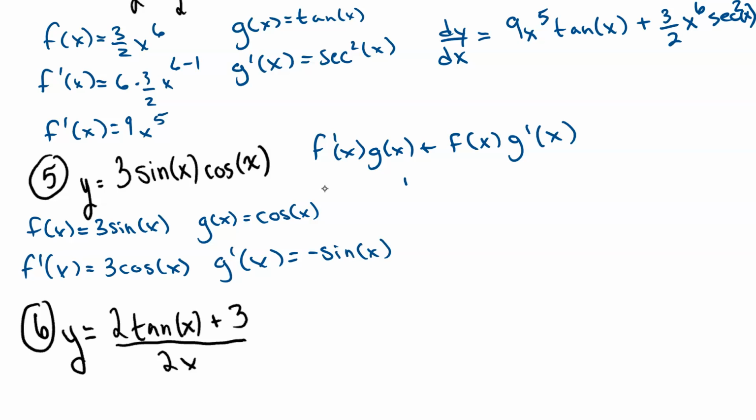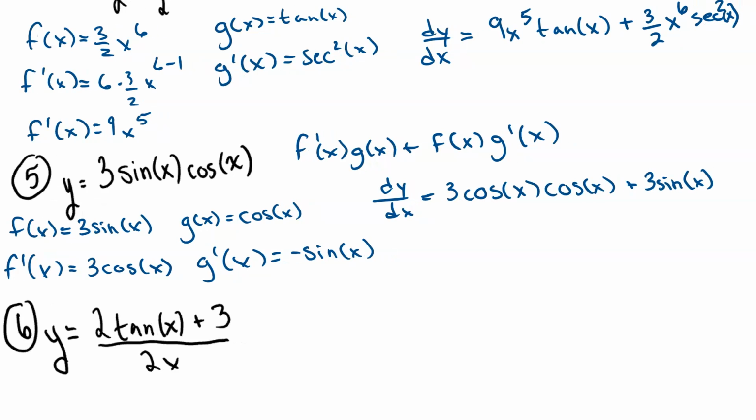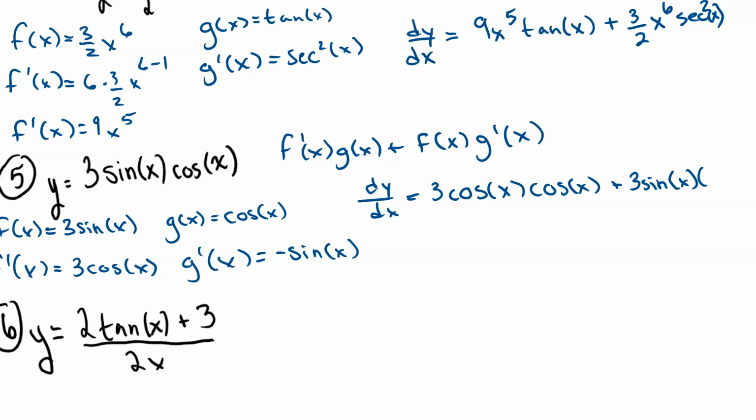And then we substitute in, so our derivative, f prime of x, 3 cosine x, times g of x, cosine x, plus f of x, 3 sine x, and g prime, negative sine x. Right, and then this one's kind of different because we can rewrite it as 3 cosine squared x minus 3 sine squared x. That's a little bit special.